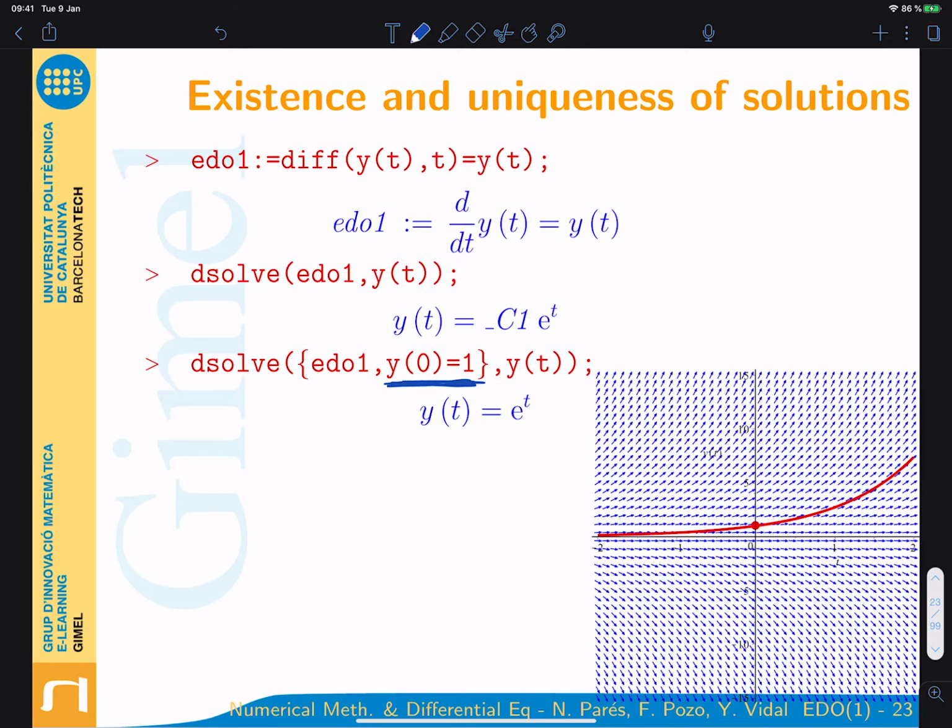We can see here that maybe we can change the initial condition of the problem. Maybe we want to use the initial condition y0 equals 5. That means that I want to go through this point when t is 0. I want y to be 5. Well, in this case, I would have a different solution.